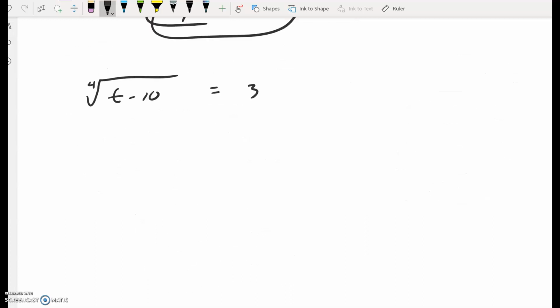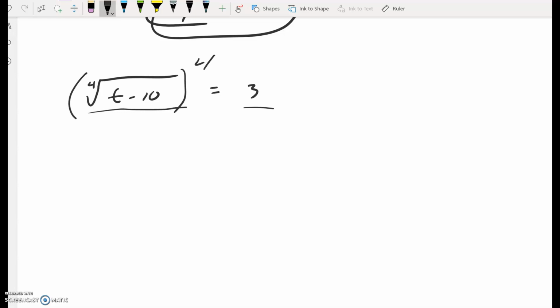A number of problems like the first one we just did, it's time maybe to step up your game just a little. How many fourth roots does it take multiplied together to give you the thing inside, in this case t minus 10? The answer is it would take 4 of them, so we could multiply this by itself 4 times and multiply this by itself 4 times.